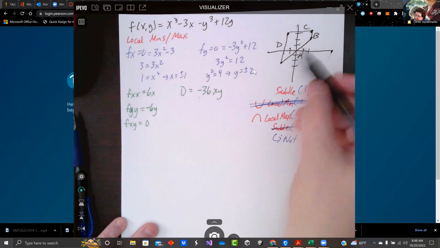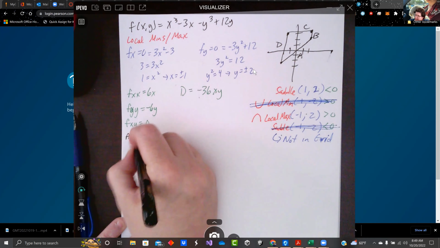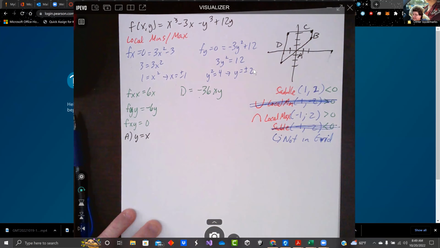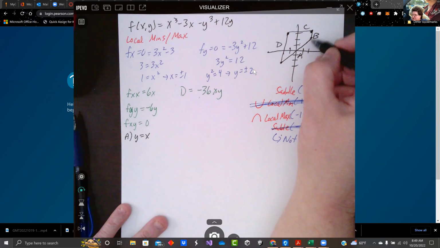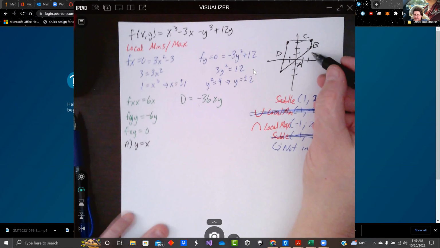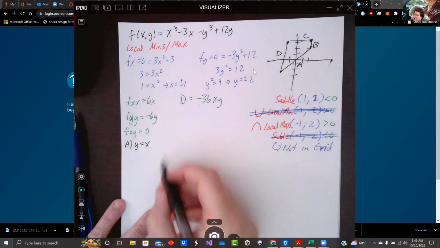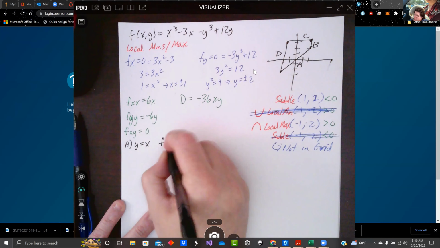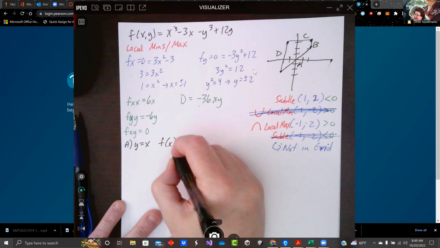So along A, y equals x. You can find the slope, or you can do the long way of finding it. You'll see that that's y equals x. So that changed f of xy into just a function of x.